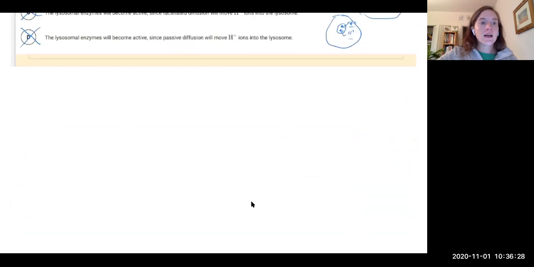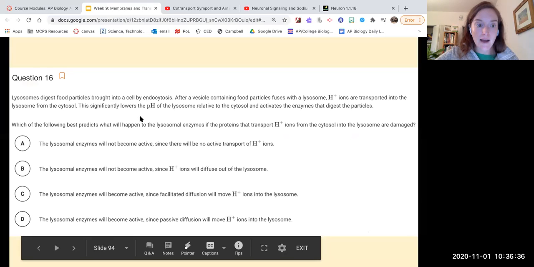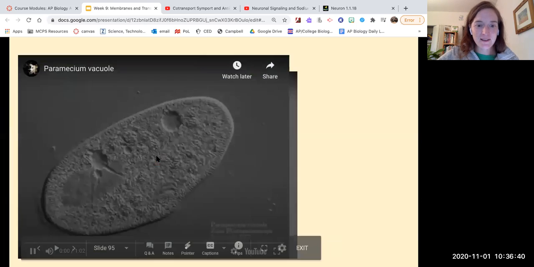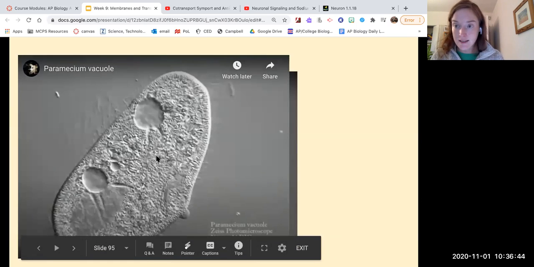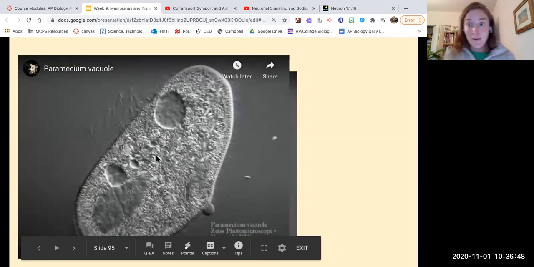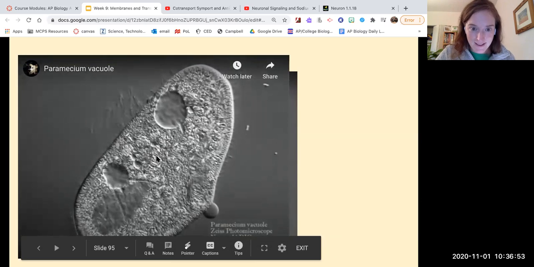Okay, one more to talk about here, and that one is going to involve a contractile vacuole. So we started out, I think, with this unit watching a video of this single-celled eukaryote. So it's not a bacteria, it's a eukaryote. It has a nucleus, it has mitochondria, it has membrane-bound organelles. You can see cilia on the outside of it.